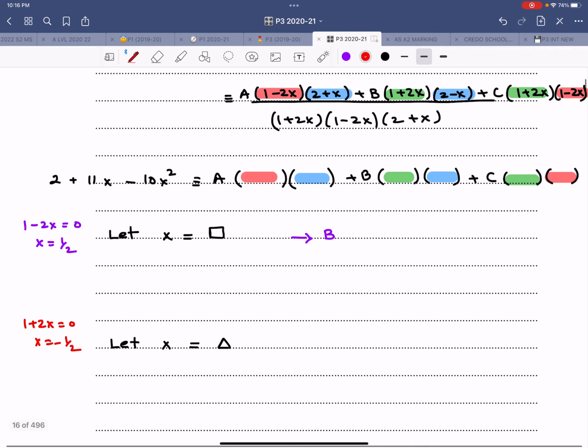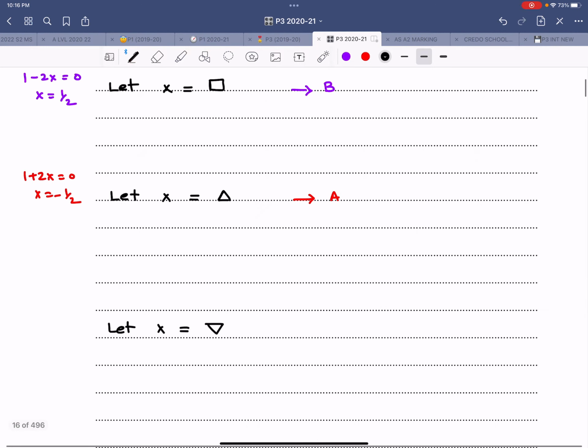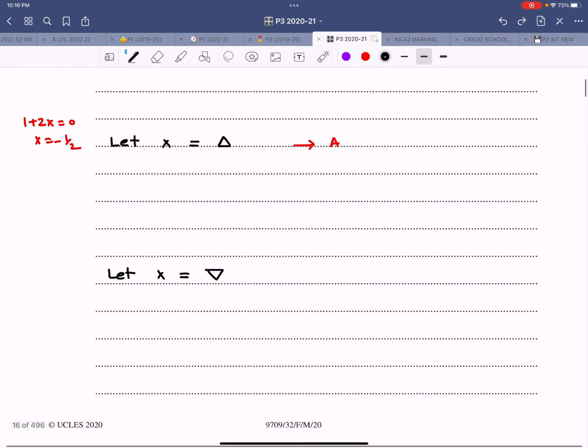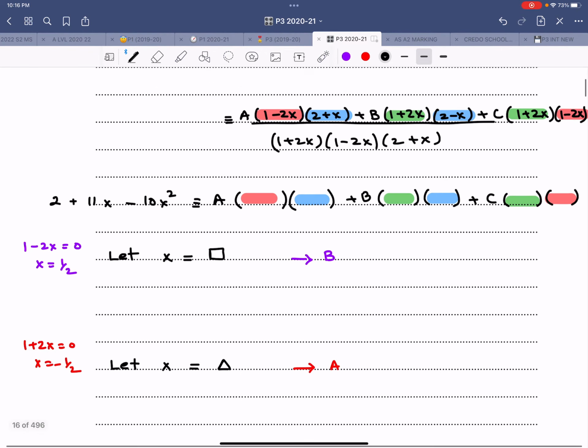So the 1 plus 2x terms vanish, and I'll be able to find A. And last but not the least, 2 minus x equals 0, x is equal to 2. So I'll be able to find the value of C. So that's how you'll find the values of A, B and C in any order.